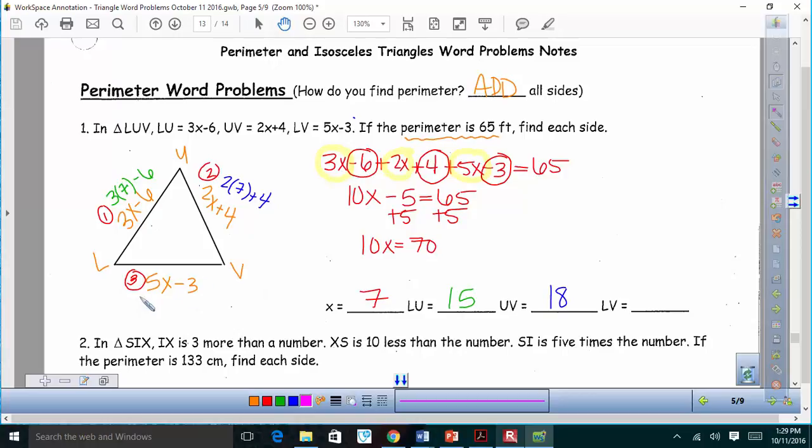And then for LV, we do 5 times 7, which is 35, minus 3 is 32. All right, questions on that one?